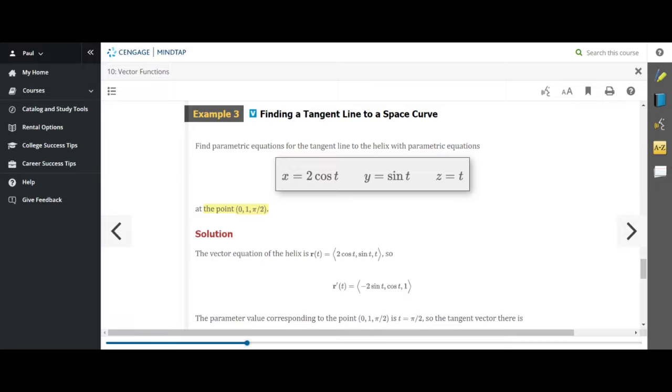Why is that point 0, 1, pi over 2 on the helix? They're saying that point is on the helix. Is there a reason why? How can we confirm that?